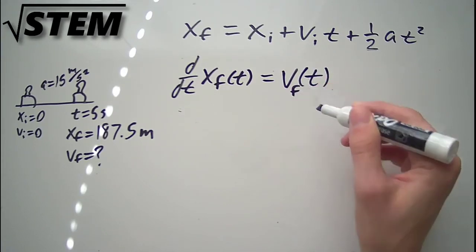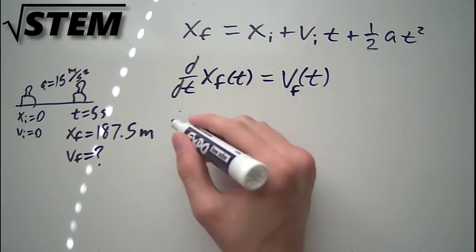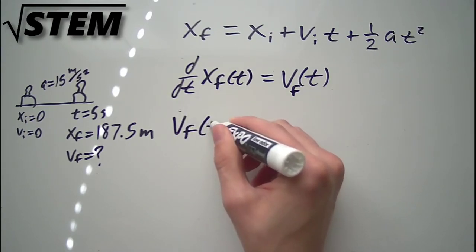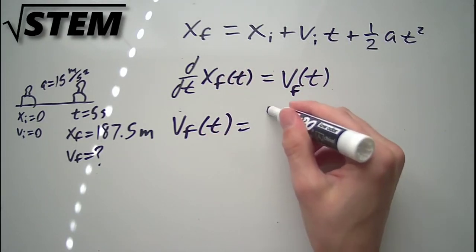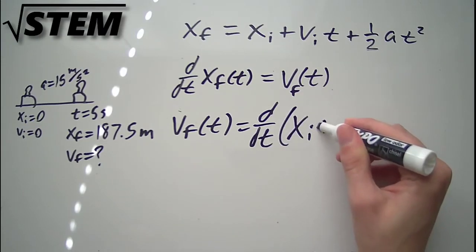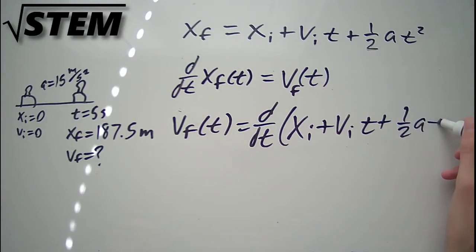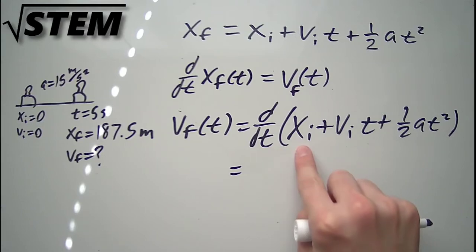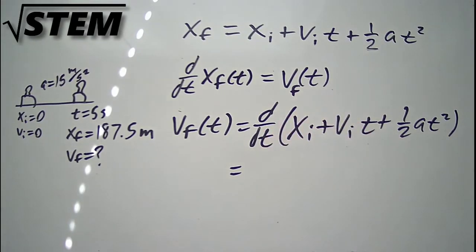This is going to be a function for our final velocity, the function of time. So this will equal the derivative of everything on this side. Okay, so the derivative of the constant x initial is 0, so we won't even write that.